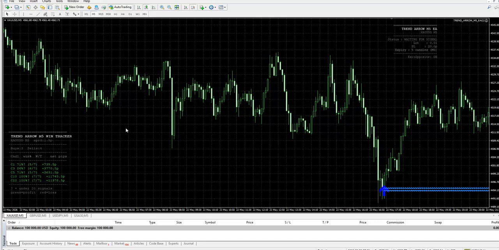So, after a long night of coding and testing, three of us made a fantastic system, Trend Arrow M5, with a win tracker included inside.